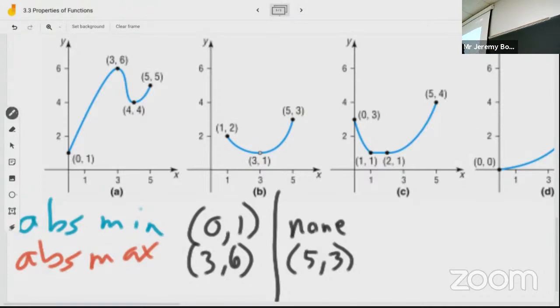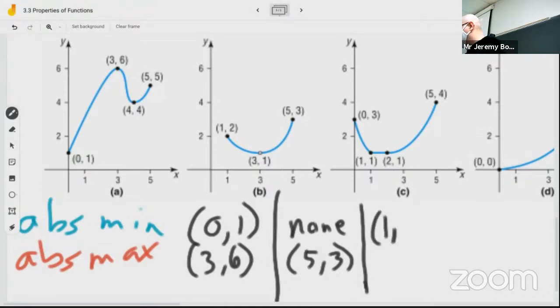And let's look at C. Any questions on B? Any other questions? Let's look at C. So what do we have for C? What's going to be the absolute min? Yeah, so the actual value of the absolute min is going to be 1, right? Because the y value is 1.